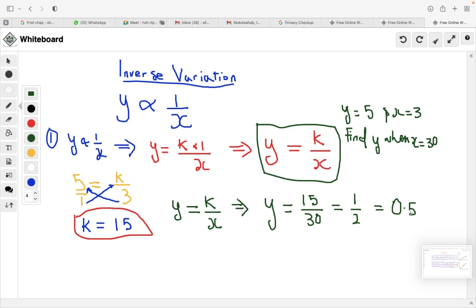Question 2. If y varies inversely as 1 over s squared, okay, this is inverse variation.